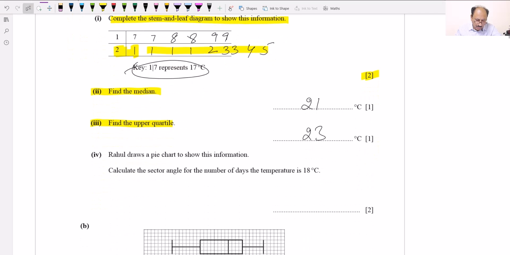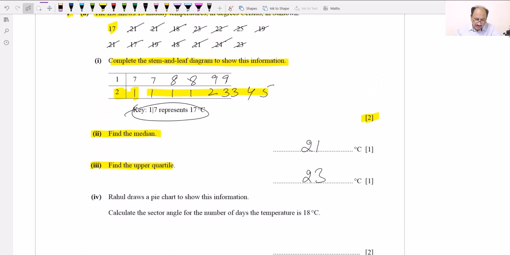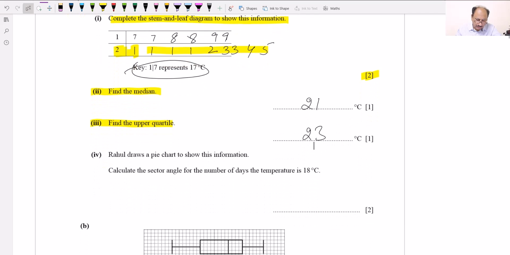Now Rahul draws a pie chart to show this information. Calculate the sector angle for the number of days the temperature is 18. So this is the fourth part which we are going through.